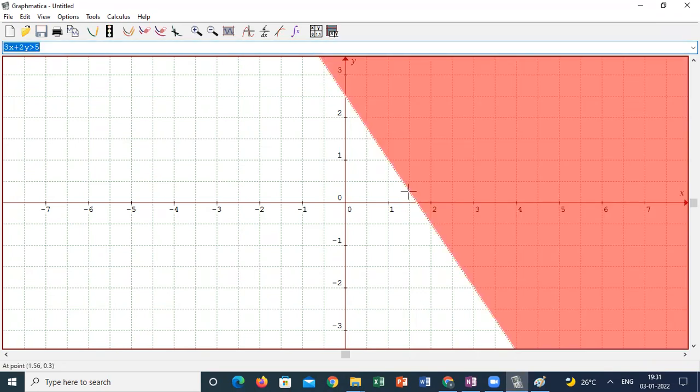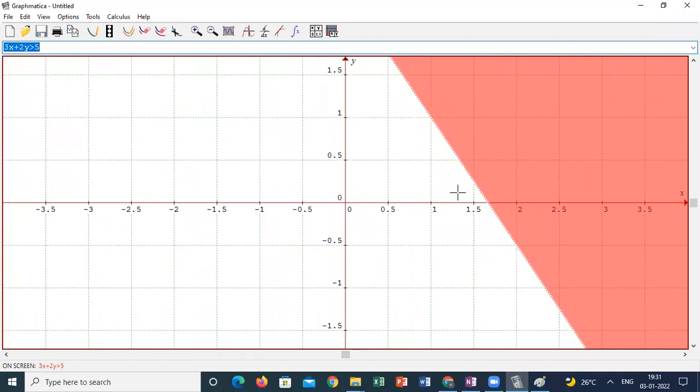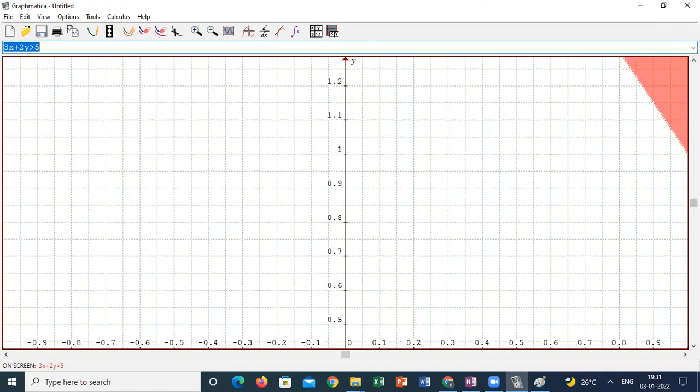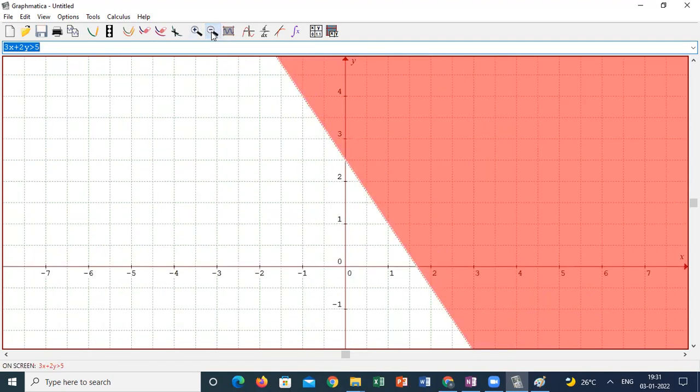See here, if you look into the graph, when there is no equality symbol, the points on the line are not included. You can see a dotted line. The dotted line says the points are not included. The shaded region is the solution set of this.